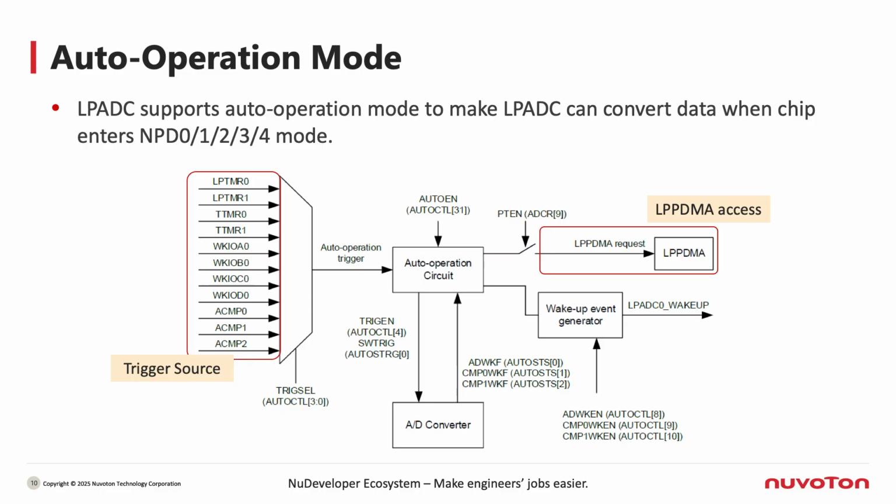By pairing with the Low Power PDMA, ADC data can be automatically transferred to Low Power SRAM, storing each conversion result. The Low Power PDMA can then generate CPU wake-up events. This process requires no CPU intervention, reducing wake-ups and achieving ultra-low power operation.